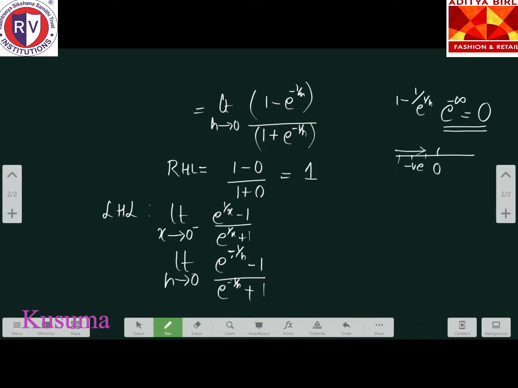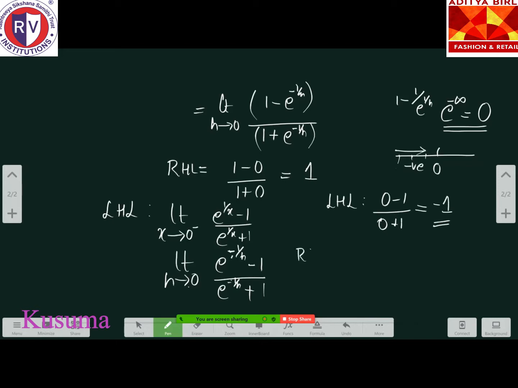Now let us substitute h is equal to 0 here. So the LHL will become, when we substitute h is equal to 0, once again e to the power of minus infinity, whose value is 0. Therefore, this will be 0 minus 1 divided by 0 plus 1. Here, the value of LHL is minus 1.